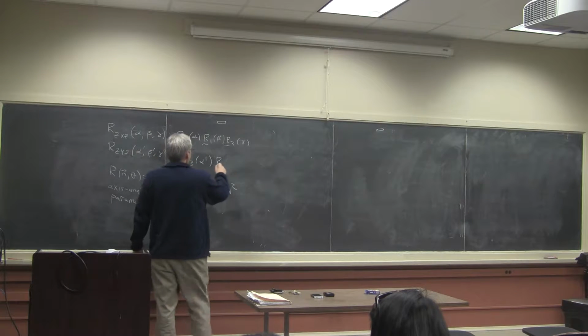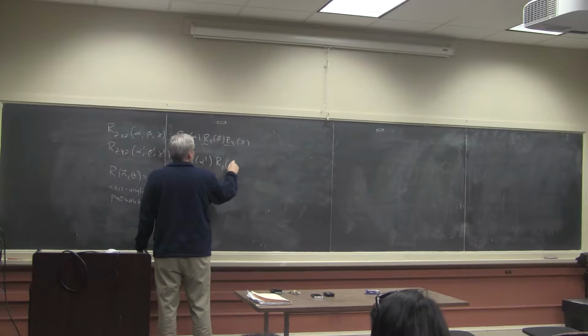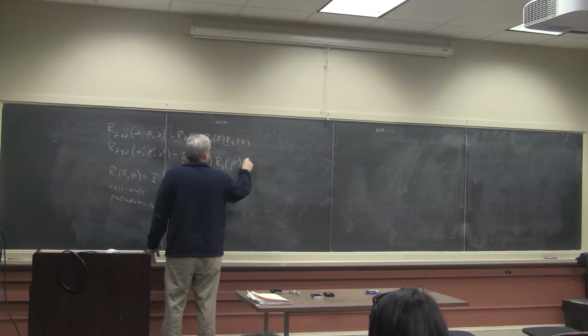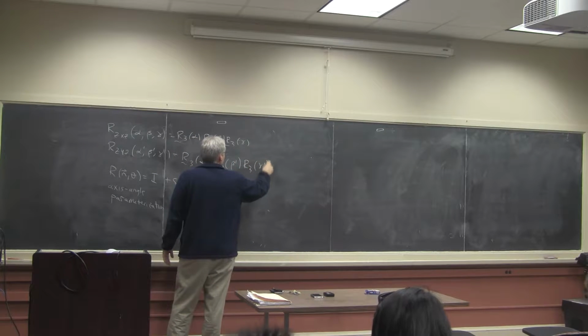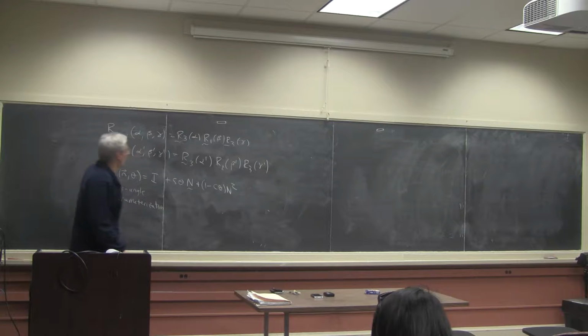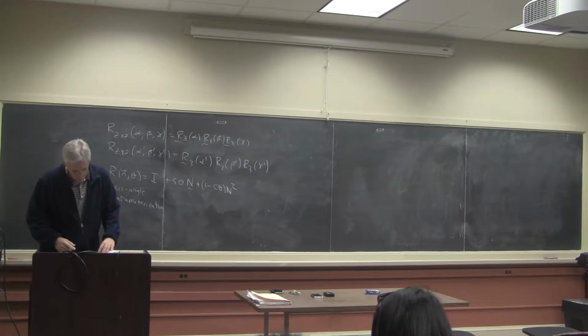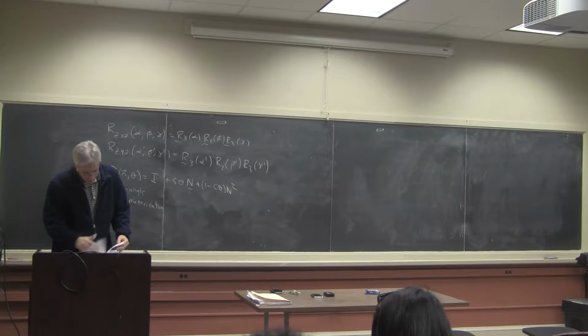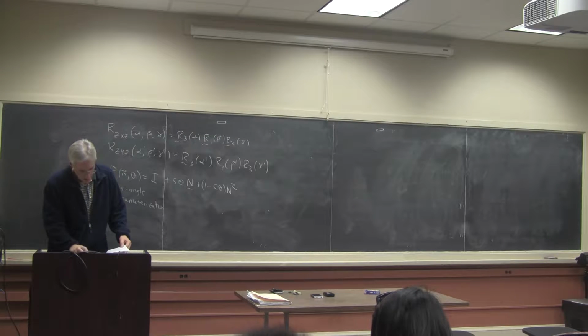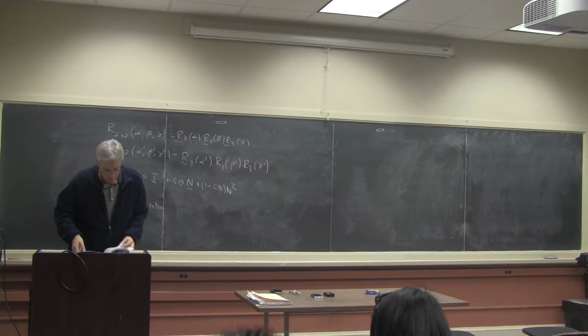Back of the envelope calculation. Okay, and the trick there is the way that if you take the rotation around the x-axis and you perform a similarity transformation on it.